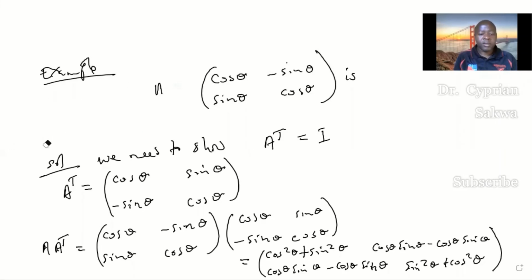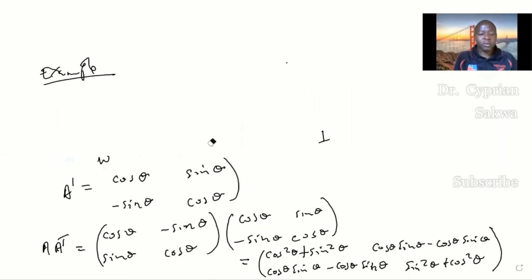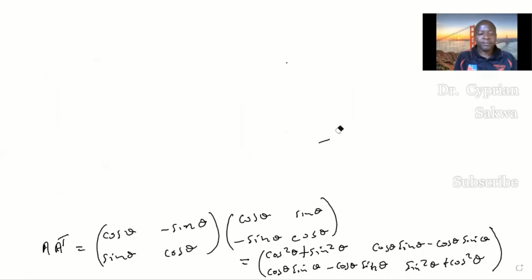Creating some space here, I can do the last part of this proof. I know that cos square theta plus sine square theta will give me 1. I also know that cos theta sine theta minus this will give me 0. I also know that this part will give me 0, and this other part will give me 1.